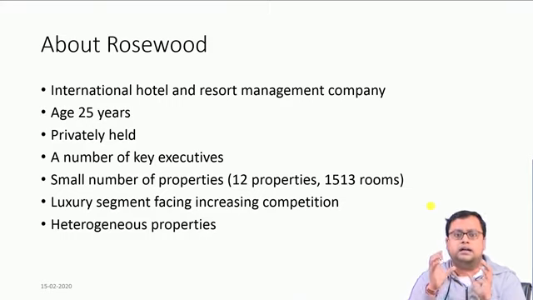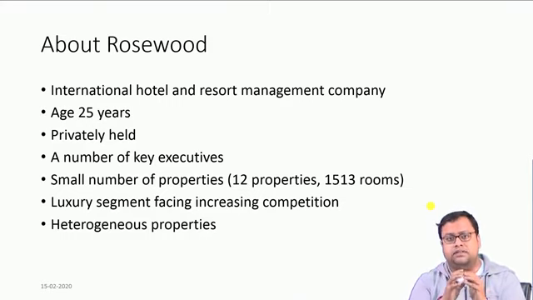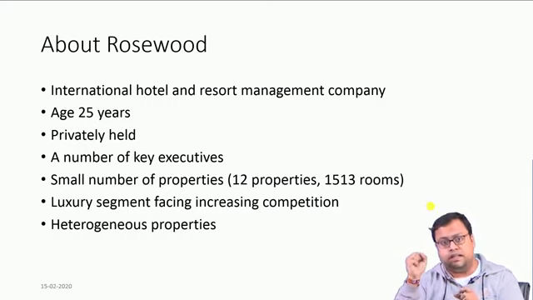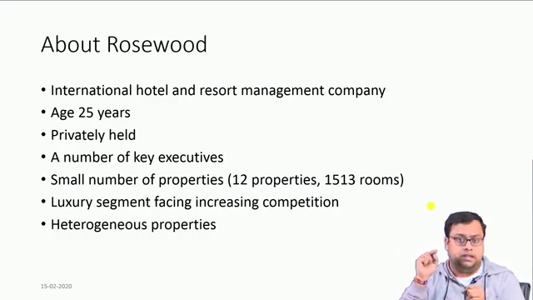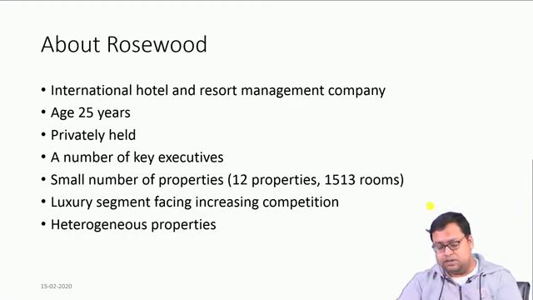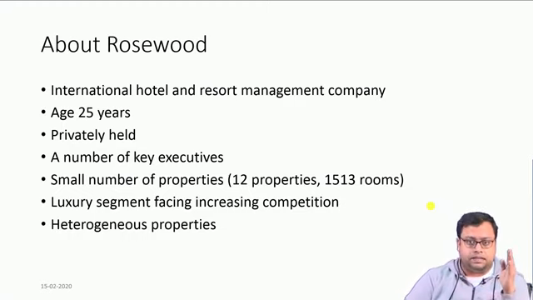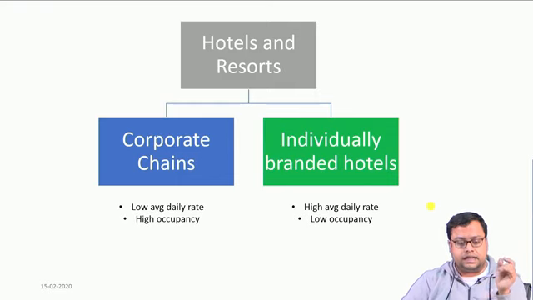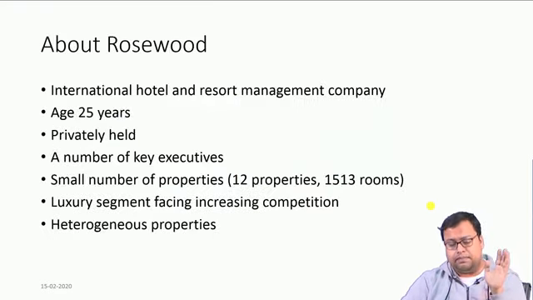And because the competition in this luxury segment was going up slowly, Rosewood had an issue: how can I manage this kind of competition, how can I fight this competition and make my niche segment very strong, so that nobody can come into this. So they have very heterogeneous properties, as I was telling, where each of them has their own situations. Now this is the major problem statement: there was competition that was going up.